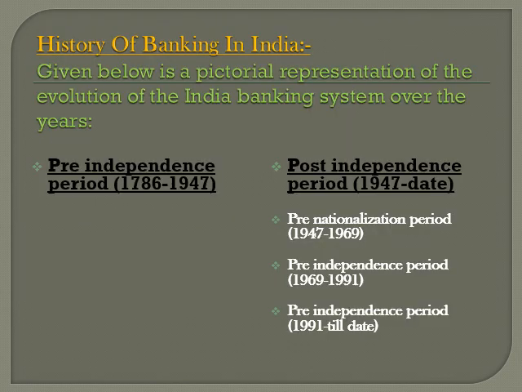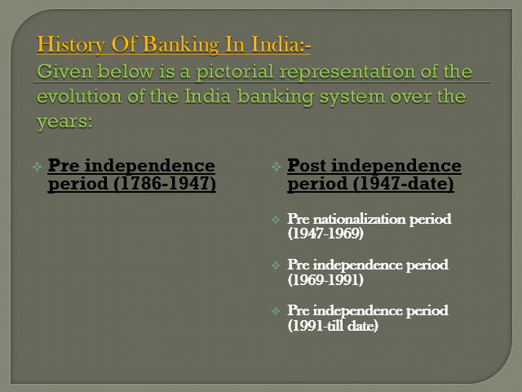History of banking in India, given below is a pictorial representation of the evolution of the Indian banking system over the years. First is pre-independence, before independence, that is 1786 to 1947. Second is post-independence period, 1947 till date.